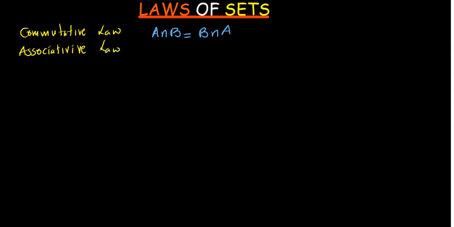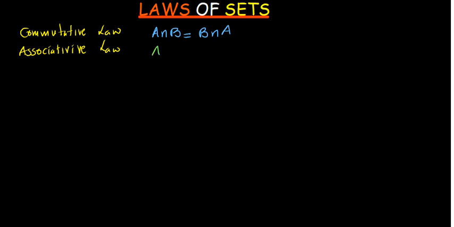Associative law, or associativity law, is going to relate three different things. We should know them from here because we are going to talk about them when we come to binary operations. So when you're talking about associativity, you are talking about three things.